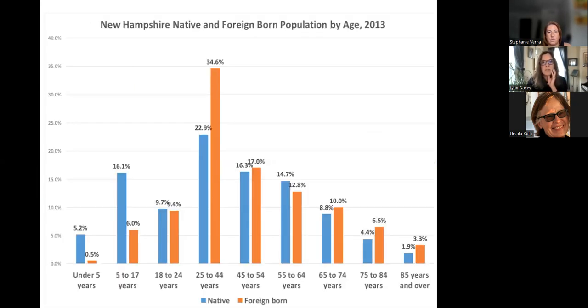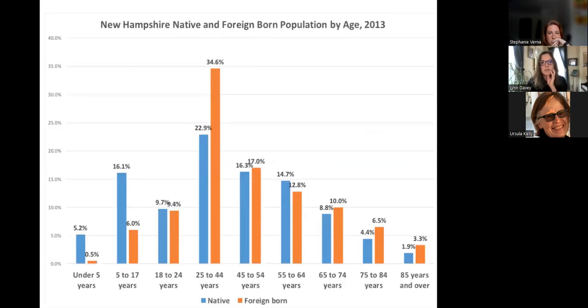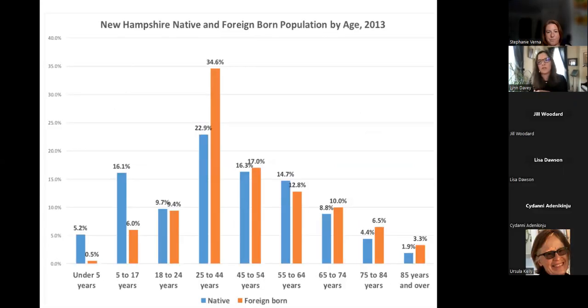I'm going to skip along. Maybe I'll share some of this tomorrow, but let me just show you this one. This is the same client who, as the infographic, was curious that the foreign-born population in New Hampshire was of prime working age. So they put this simple chart, we can all make it in Excel, out there, right?